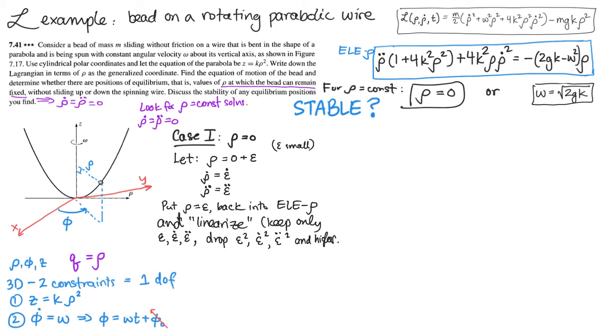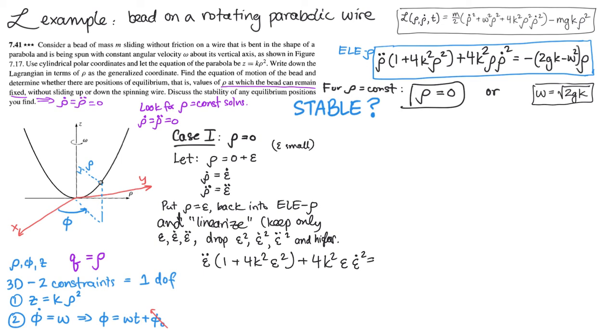Okay, so here we can just do it. It's basically the same equation of motion. We just are replacing rho with epsilon. Okay, so we have epsilon double dot times 1 plus 4k squared epsilon squared. That term's going to go to 0, plus 4k squared epsilon dot squared. That term's going to go to 0.